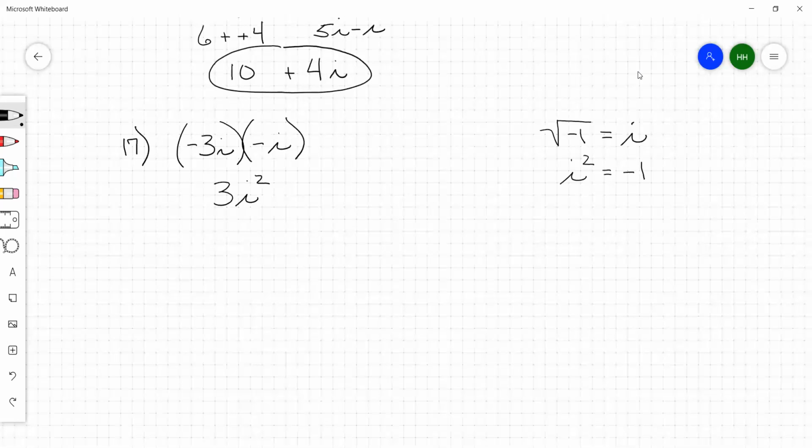Negative 3i times negative i, and negative times a negative is a positive. i times i is i squared. So 3i squared is the same as 3 times i squared, which is the same as 3 times negative 1, which is equal to negative 3. So all of this up top is equal to negative 3.